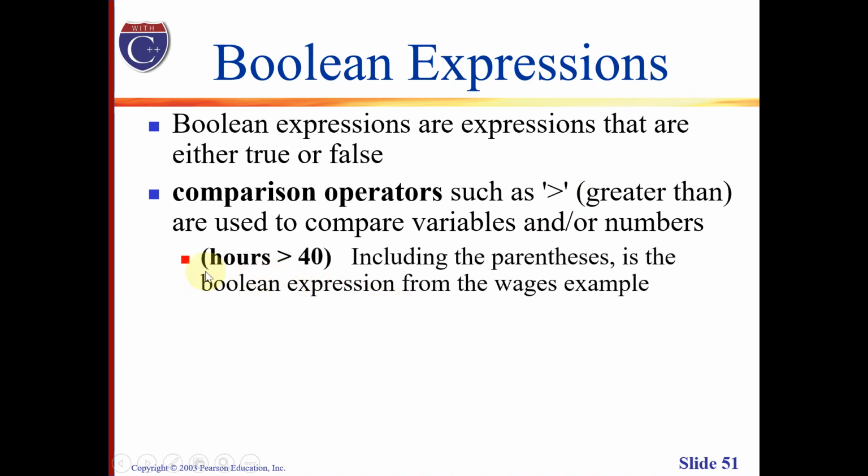For instance, in our previous example, we would like to have a Boolean expression which would determine if the number of hours worked is greater than 40. This is an example of a Boolean expression, and take note that it must be enclosed in parentheses.